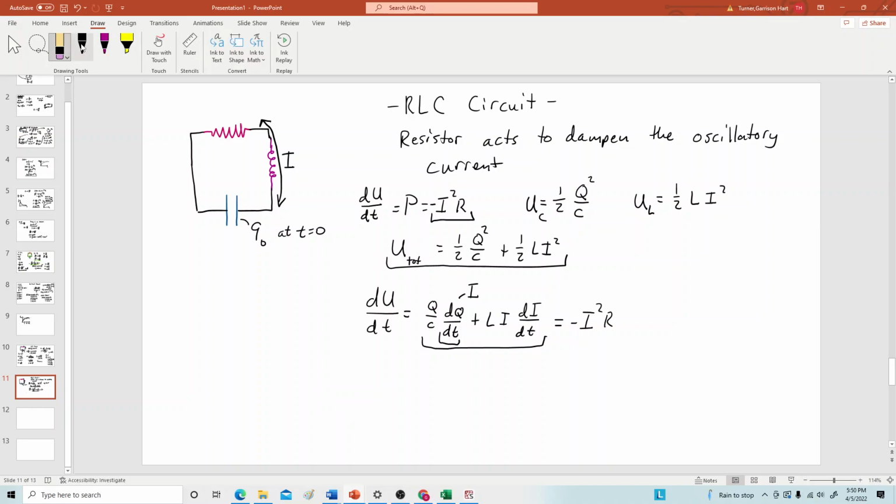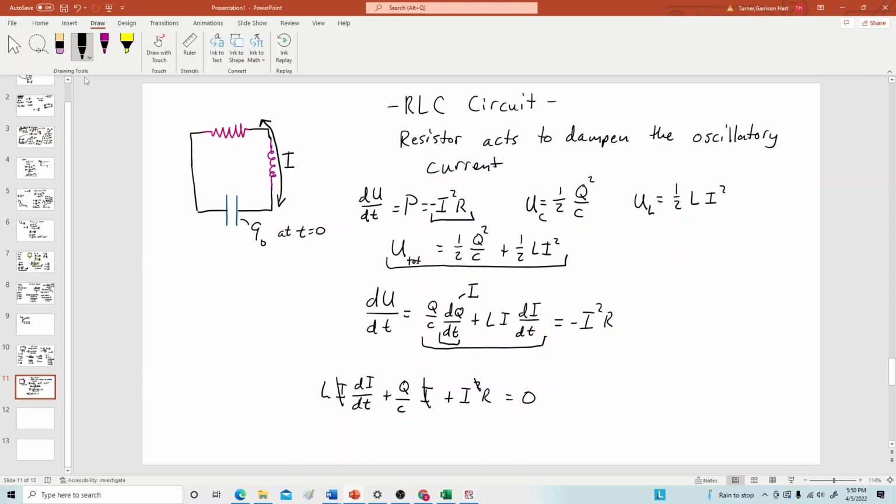It'll make a little bit more sense, and then we'll make the transformation. So Li di dt plus Q over C times I plus I squared R is equal to 0.